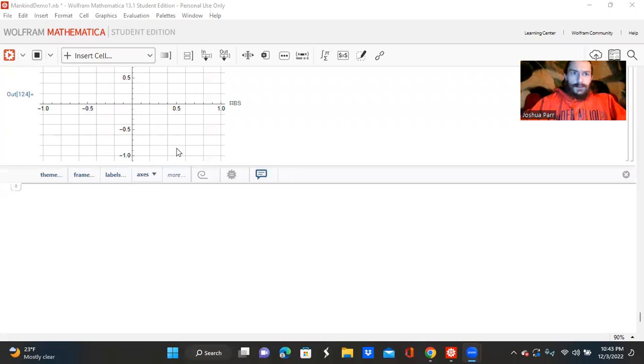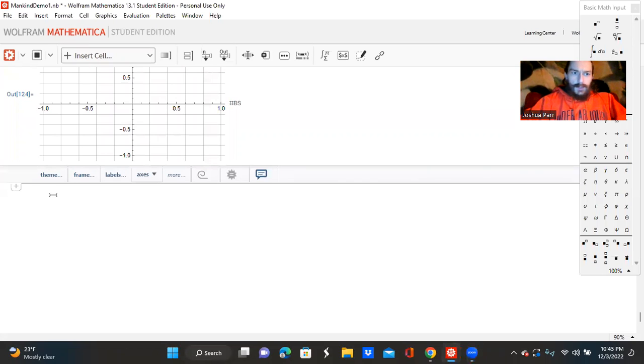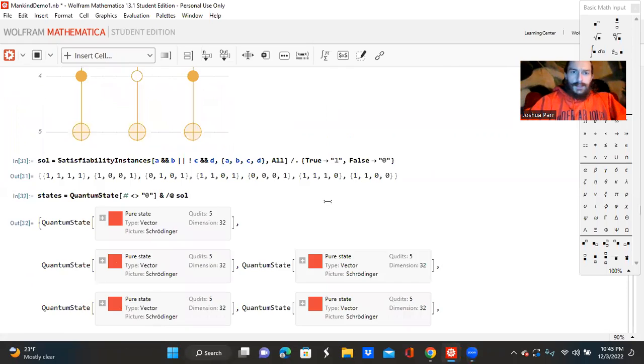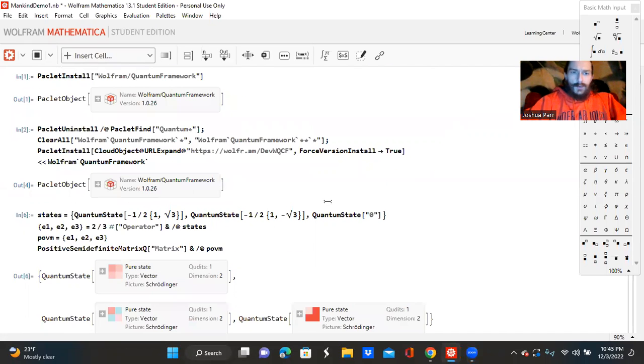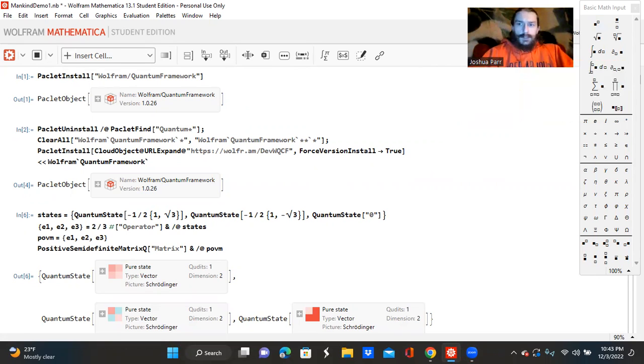So here is the Wolfram Mathematica. I've opened up a Wolfram notebook, and I've already done quite a bit of stuff. What you want to do though is install the paclet, the Wolfram Quantum paclet.